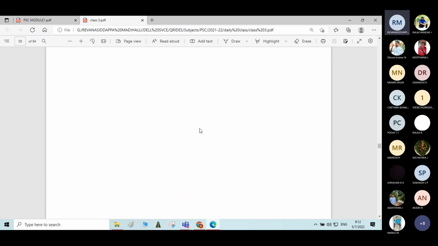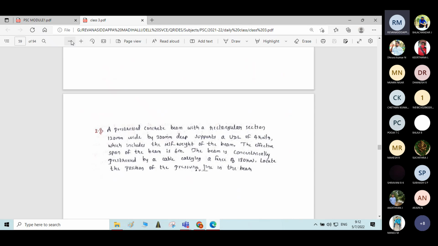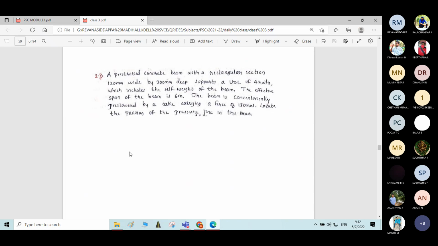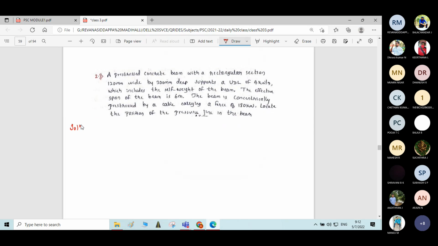We have to follow the same procedure, whatever we have followed for the previous problem. Let me write the diagram for the same solution. A rectangular beam having the length of 6 meter, correct?